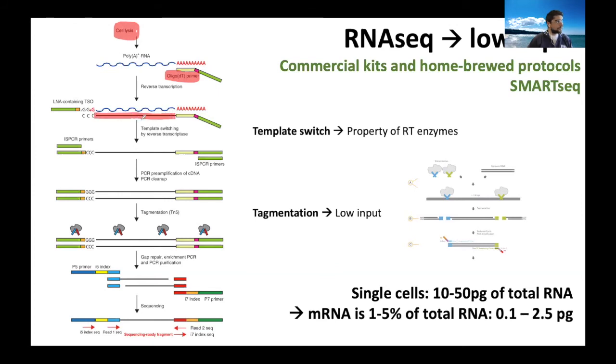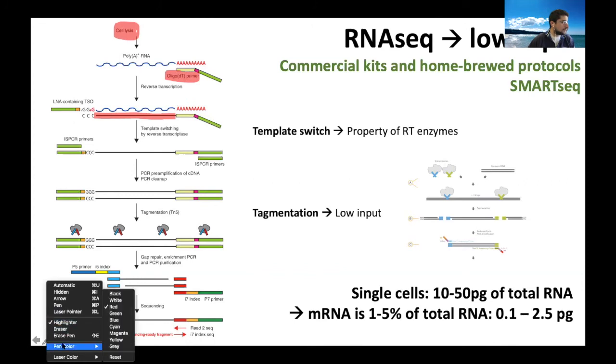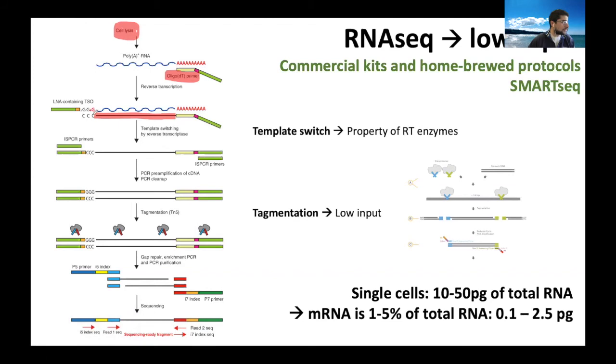Reverse transcriptases have a very peculiar feature. When they arrive at the very end of their transcript, they add 3 cytosines in a row.